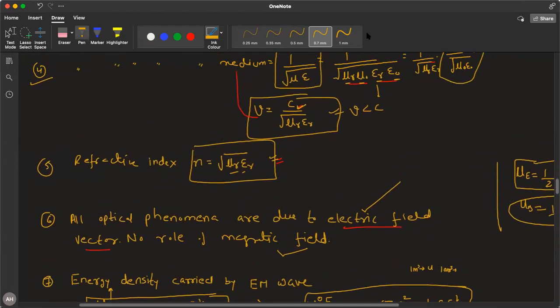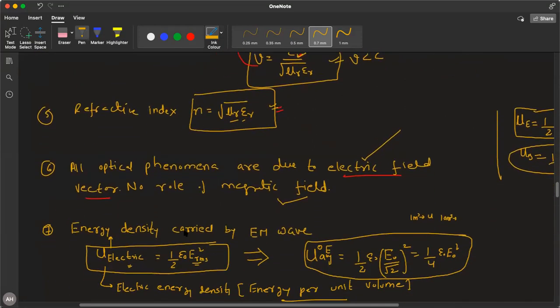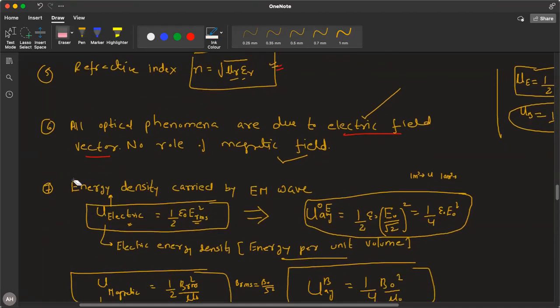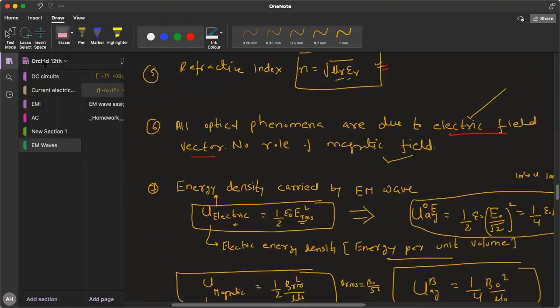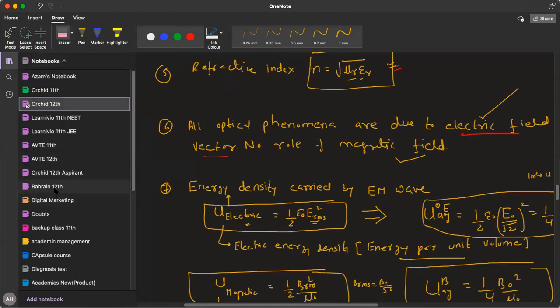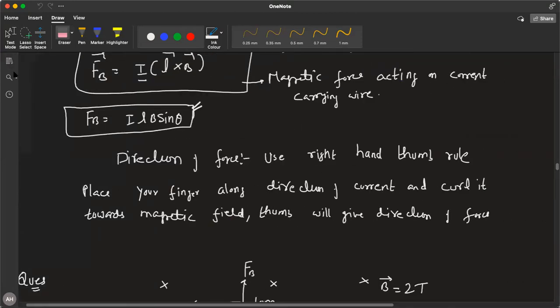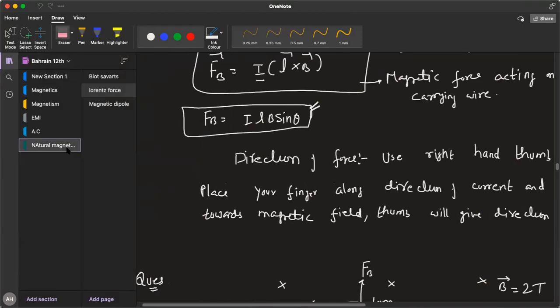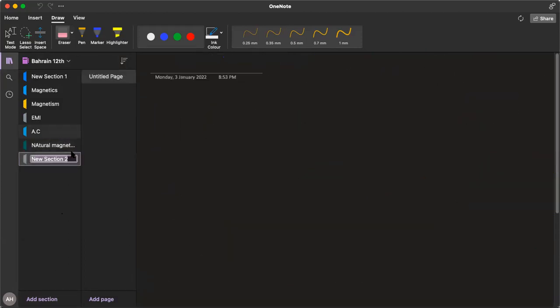So I should write it again, the energy density carried by the EM wave.